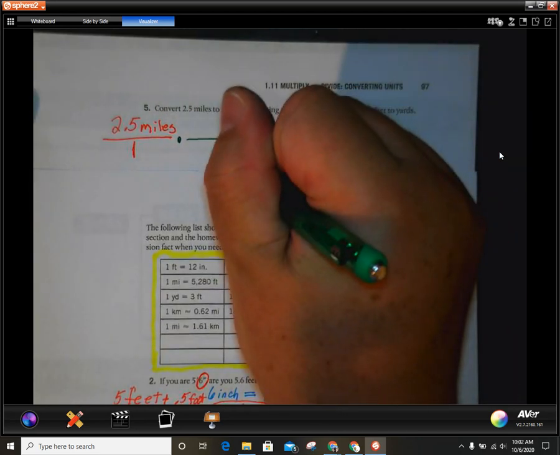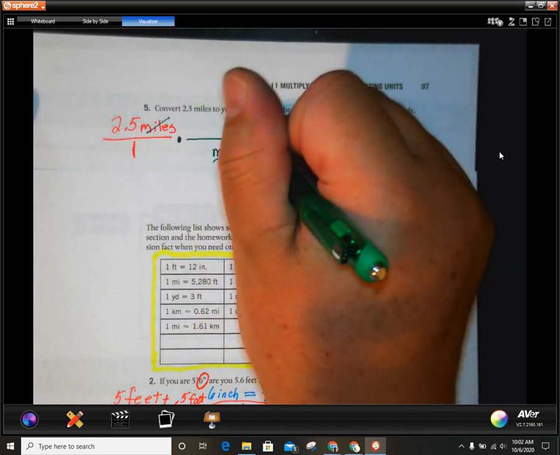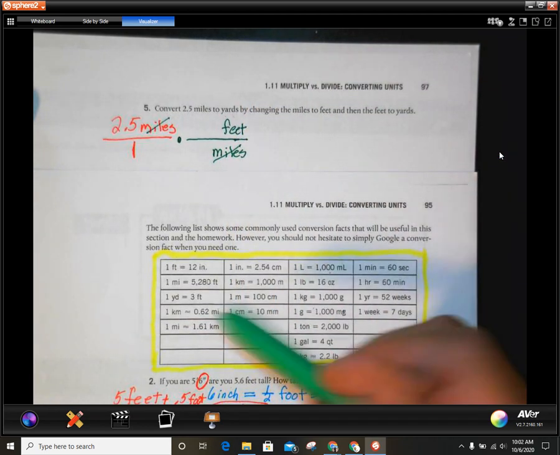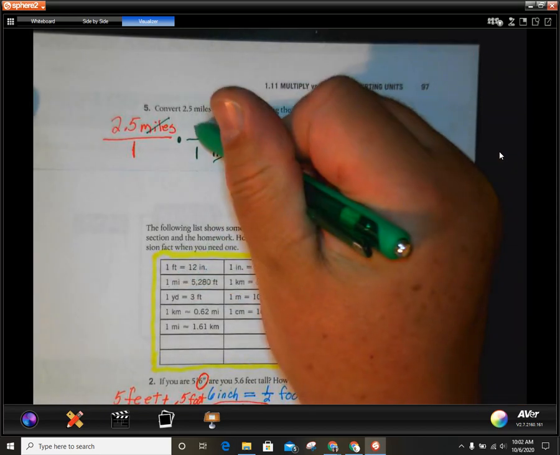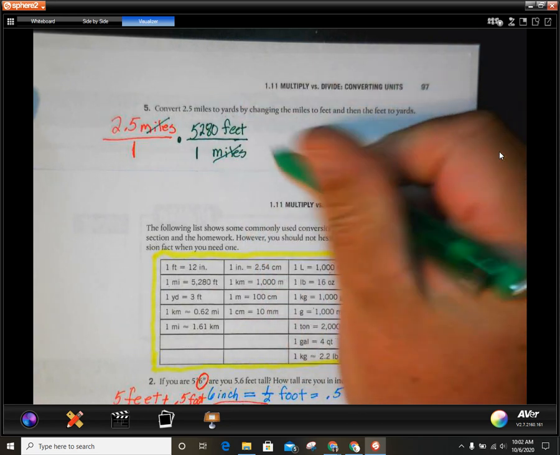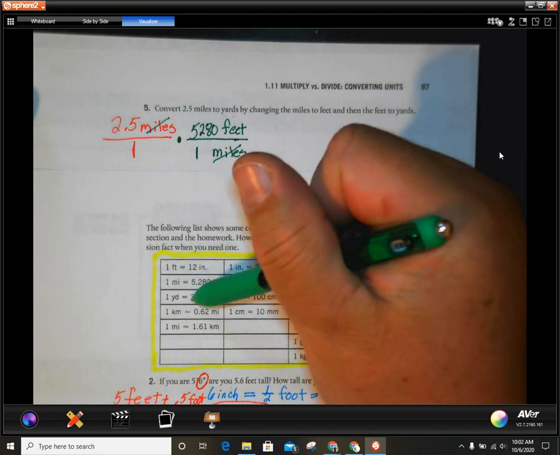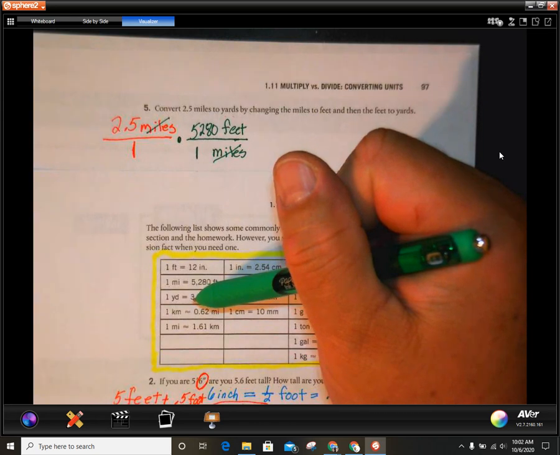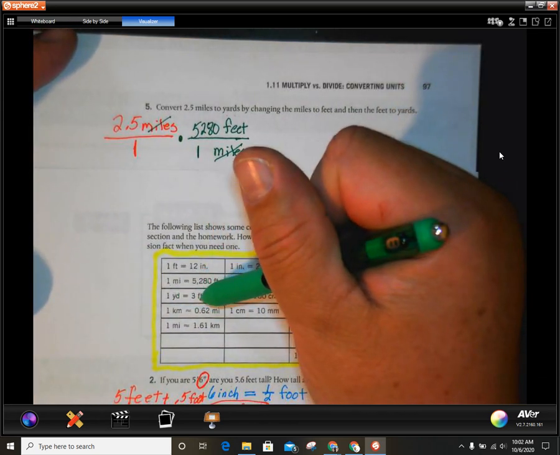Let's see, I'm going to have miles on the bottom so they cancel out, feet on top. So there's 1 mile to 5,280 feet. So now I'm down to feet. This one, I kind of should know by now, it's a common unit of measure: there's 1 yard to 3 feet.